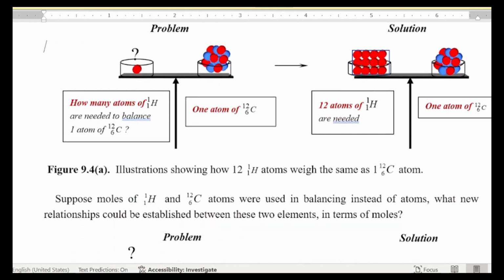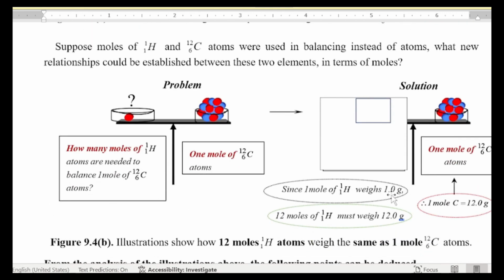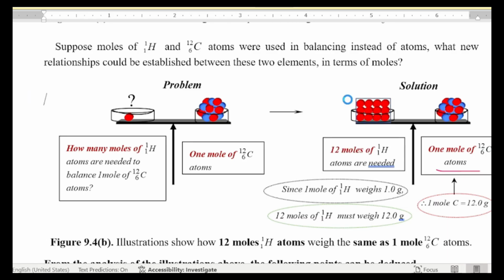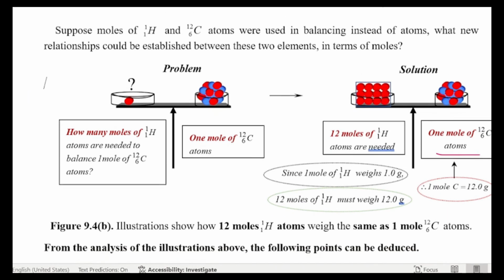Now, we'll ask the same question again, but a different way. If I have 1 mole of carbon atoms, how many moles of hydrogen atoms are required to balance this 1 mole of carbon atoms? All right, let's see what the answer is. 12 moles. If you said 1 mole, it will only weigh 1 gram.